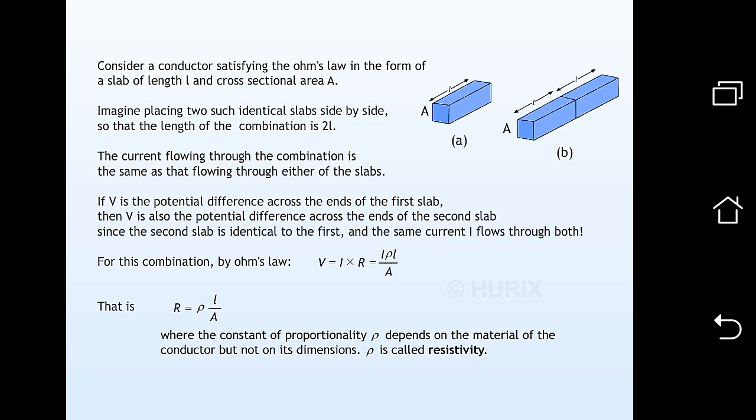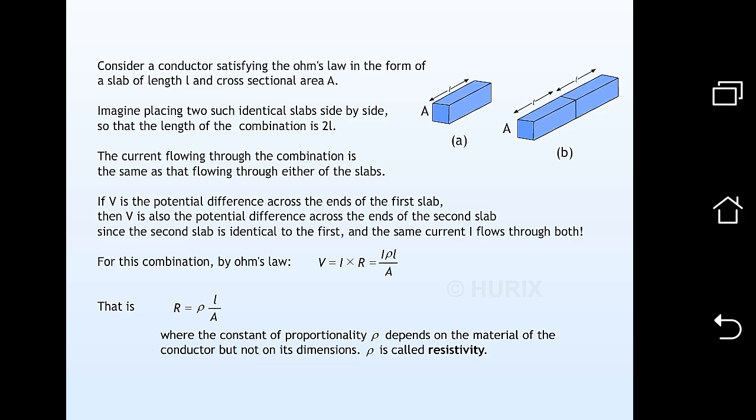If V is the potential difference across the ends of the first slab, then V is also the potential difference across the ends of the second slab, since the second slab is identical to the first, and the same current I flows through both. For this combination by Ohm's law, V is I into R, which is I into rho L by A. Here, R is rho L by A, where the constant of proportionality, rho, depends on the material of the conductor, but not on its dimensions.